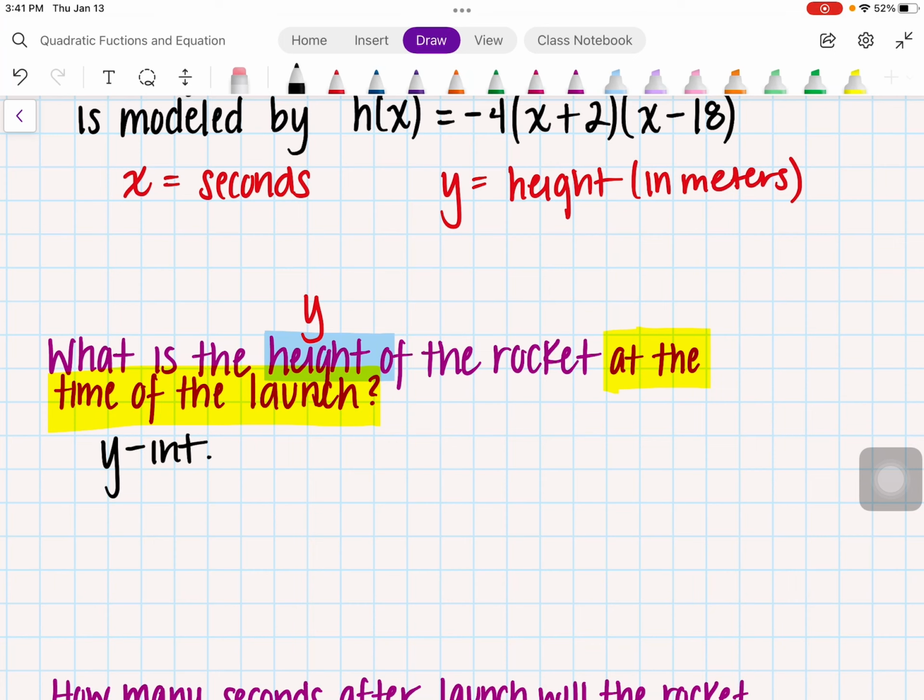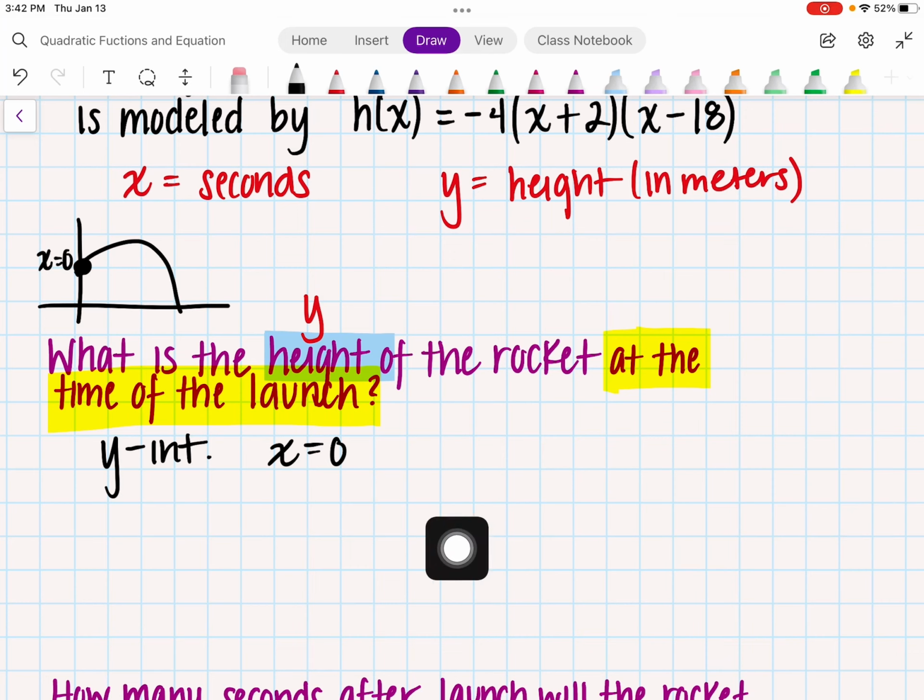the y-intercept. Now, guys, we could actually graph this on Desmos, but I will be showing it by hand. In order for us to solve for the y-intercept, I will have to make x equal to 0. Just because when we graph a parabola, for any y-intercept, x is always going to be equal to 0.